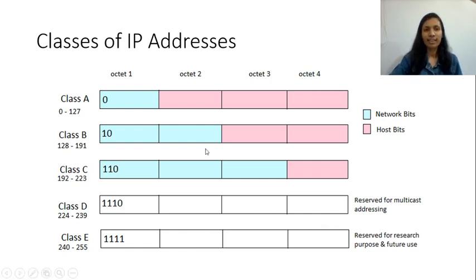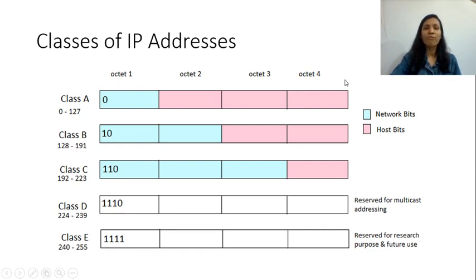In case of Class A, the MSB bit is always 0. In case of Class B, the 2 MSB bits are 1, 0. Class C, the first 3 MSB bits are 1, 1, 0. For Class D, the first 4 MSB bits are 1, 1, 1, 0. For Class E, the first 4 MSB bits are 1, 1, 1, 1.